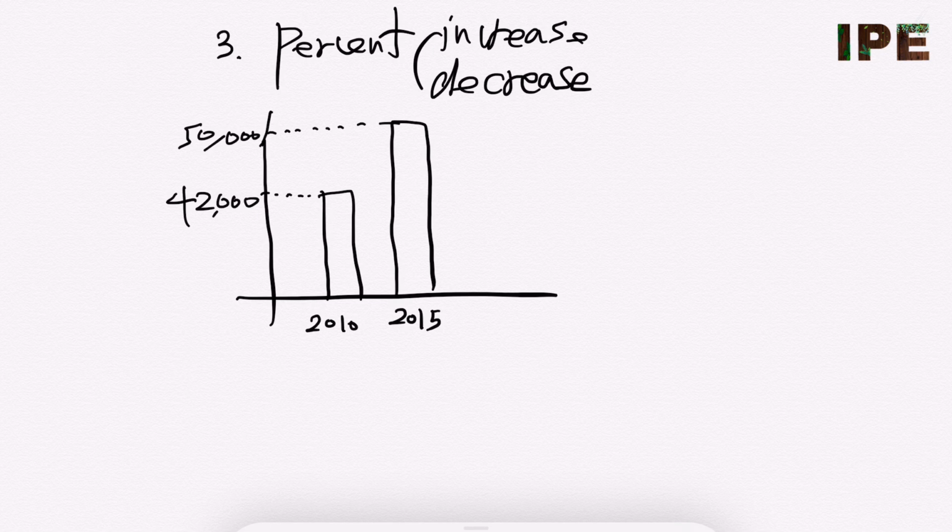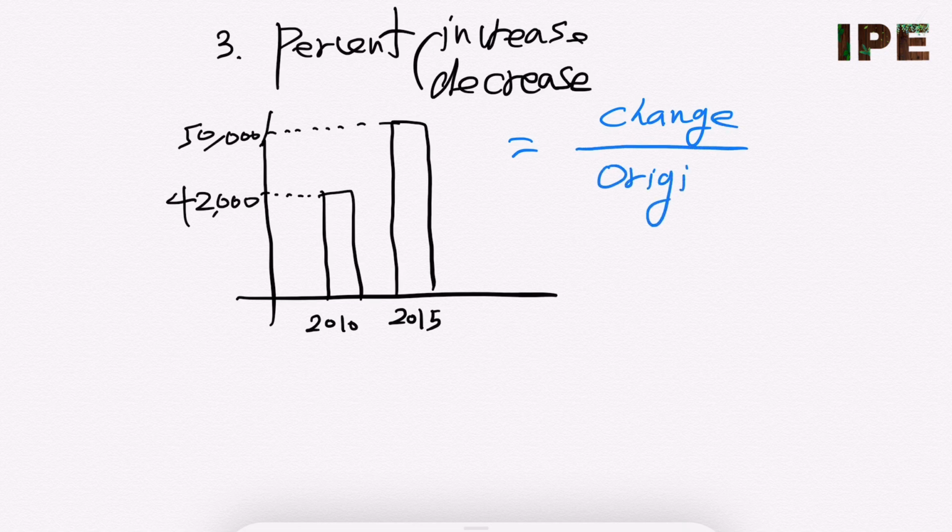To find the percent increase, you use what? Just find the change first. Change over original value, times 100. In this case, what is the change? How much did the population change from 42,000 to 50,000? 8,000 changed, right? That change is 8,000.